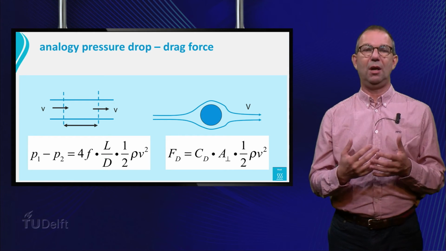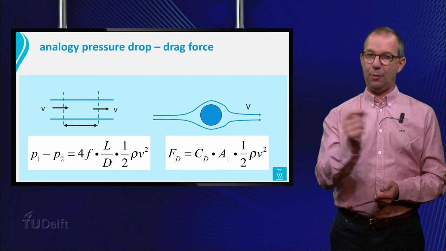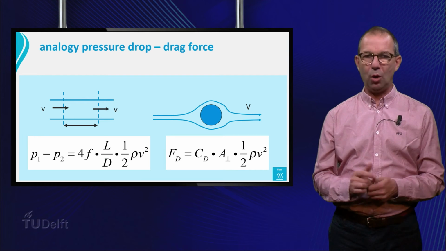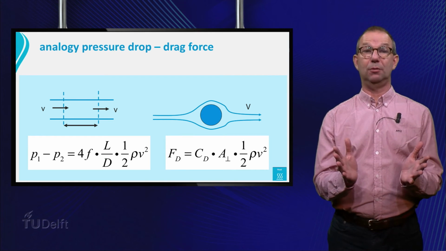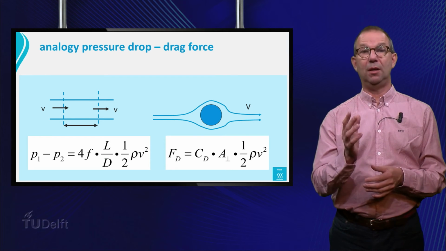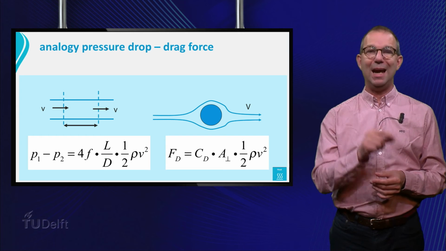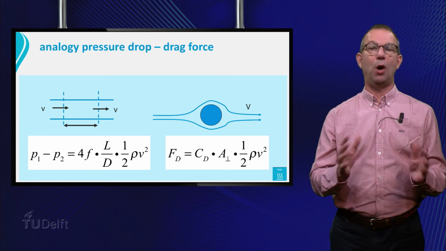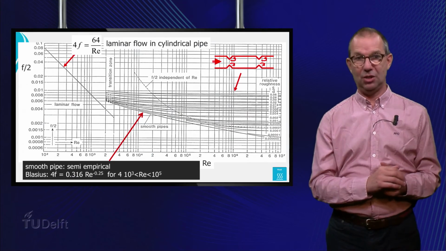Both expressions have an empirical coefficient, the fanning friction factor and the drag coefficient. What can we, based on the analogy, expect for the fanning friction factor? F will be inversely proportional to the Reynolds number in the laminar regime and tends to become constant for high Reynolds number in the turbulent regime. And that's indeed the case.